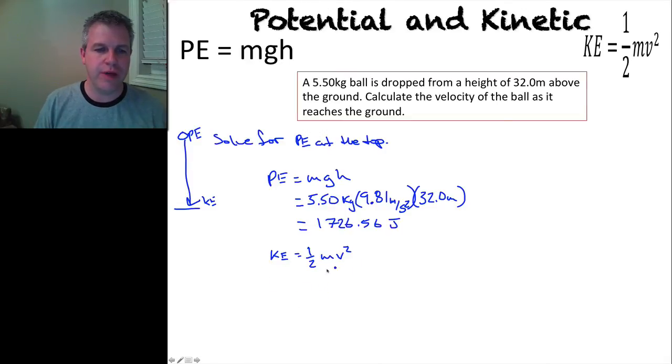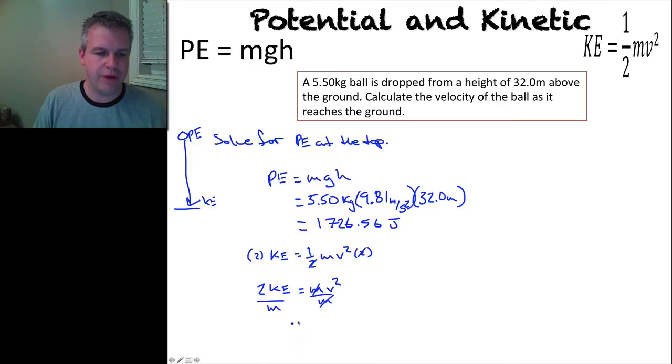In order to do that, I'm going to do this in a number of stages. First I'm going to multiply both sides by 2. That causes the half to divide out on this side, so now I'm left with 2 KE equal to mv squared. Now I'm going to divide both sides by m. It cancels out mass on this side.